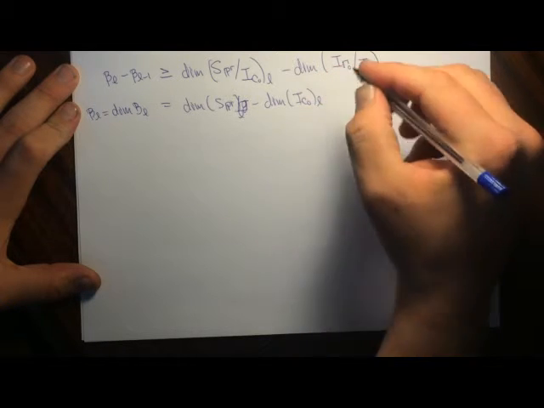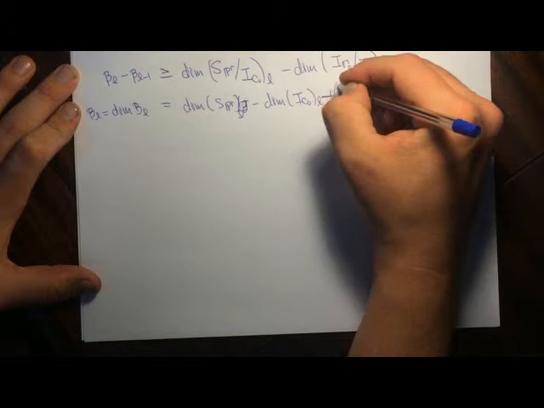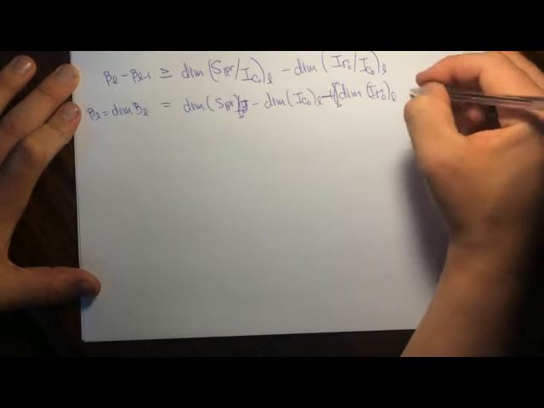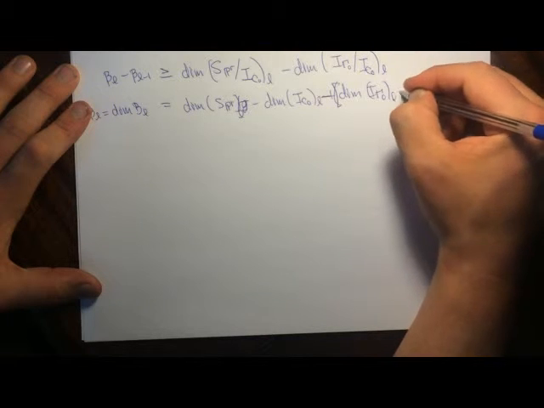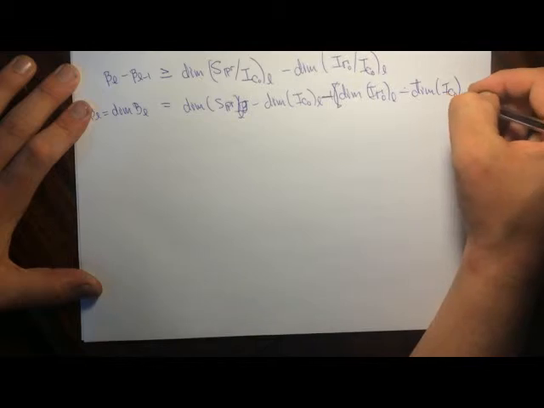L, let's say minus I of gamma_0 of L minus dimension of I of C_0 of L here.